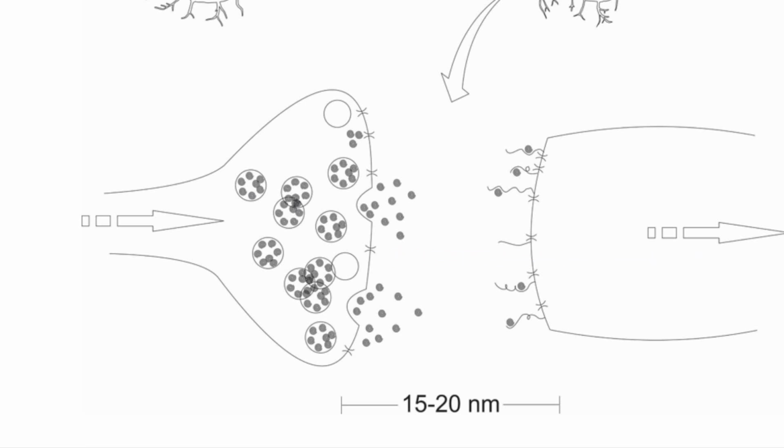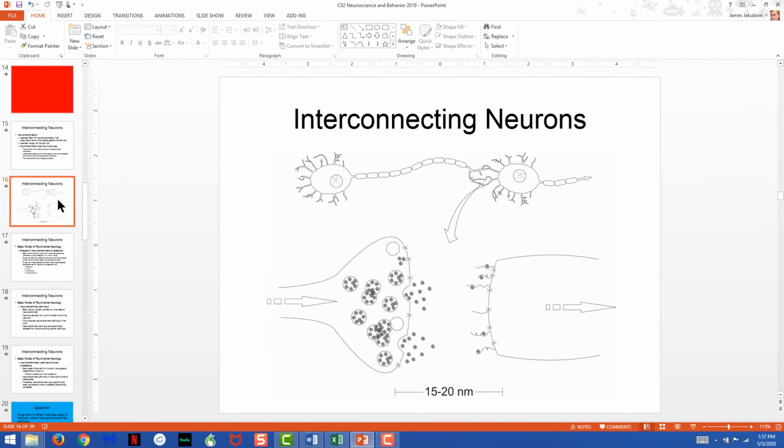But then a brand new empty vesicle will have been generated, which will come by and absorb all of the free-floating neurotransmitter, and then that system will be reset and able to operate again. How quickly can this occur? About 333 times per second. So actually very, very rapidly.